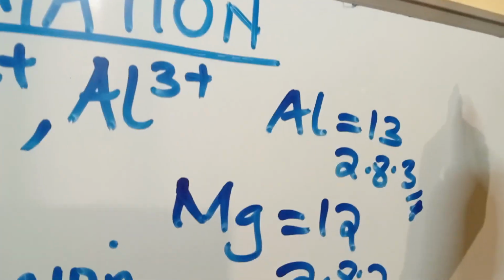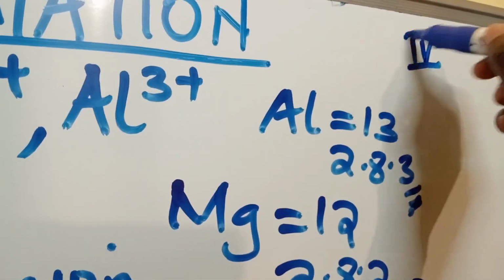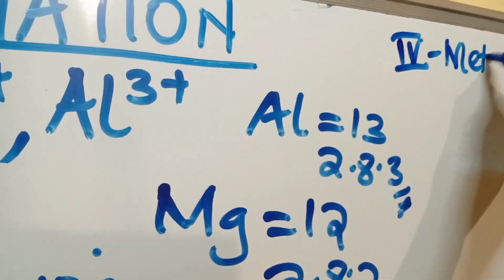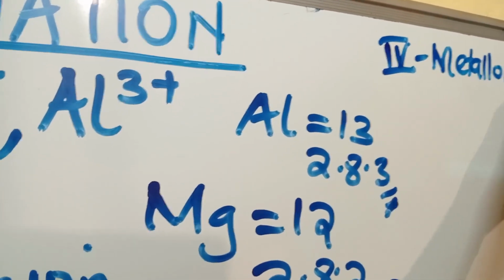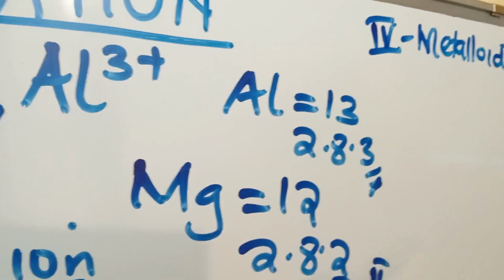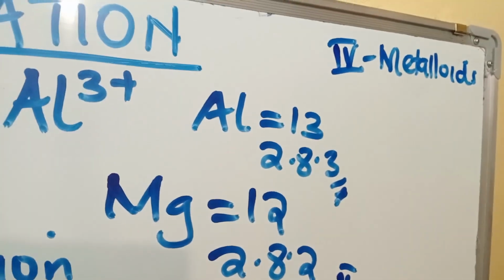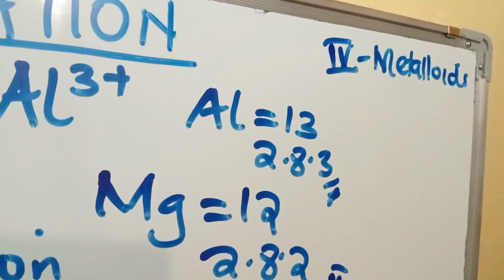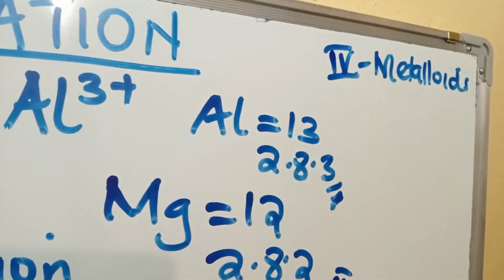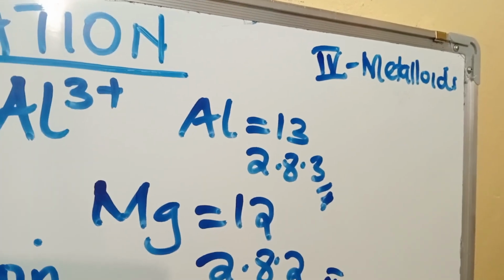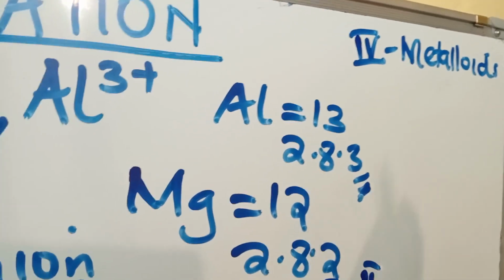Elements in group 4 are known as metalloids because they are in between. They can gain electrons like the non-metals, they can lose electrons like the metals, so they are in between.